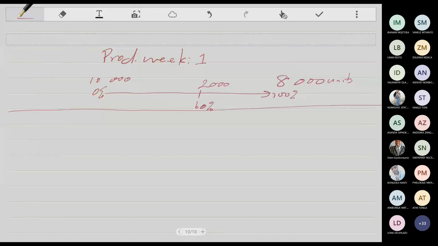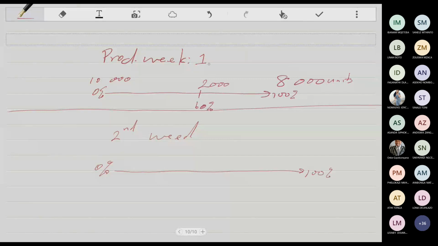Now we come to the second week. Let's look again at what's going to happen in our production line. Every time we start at the week, our target is to reach 100% with whatever units we have.